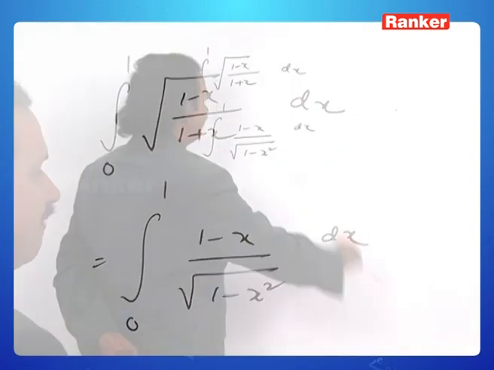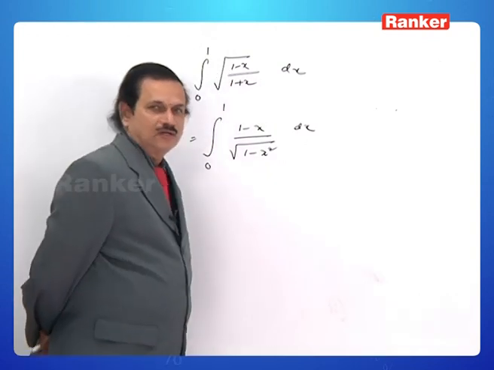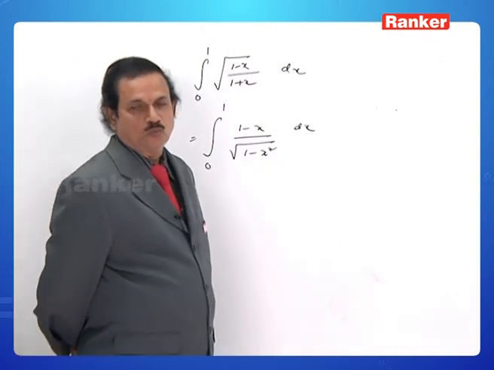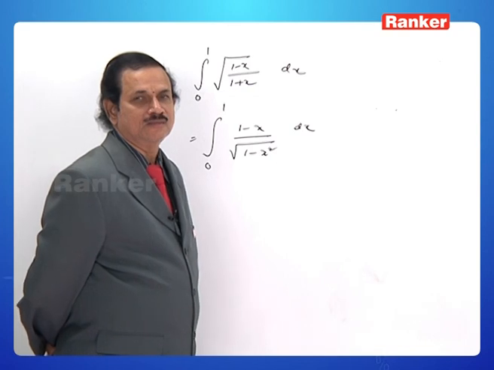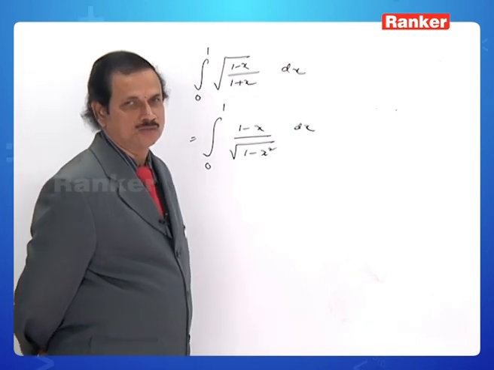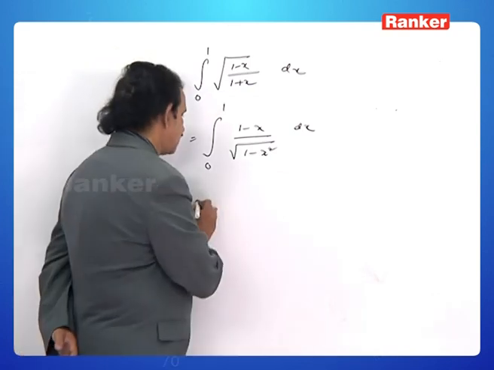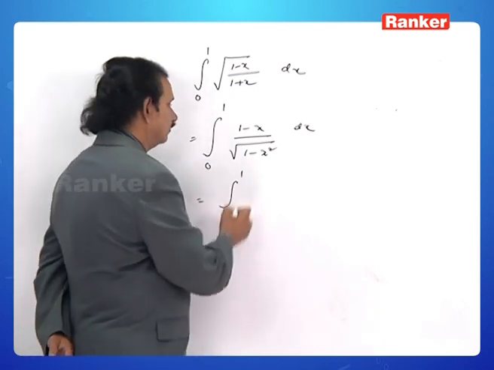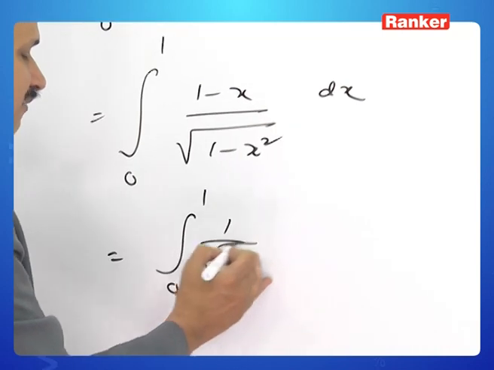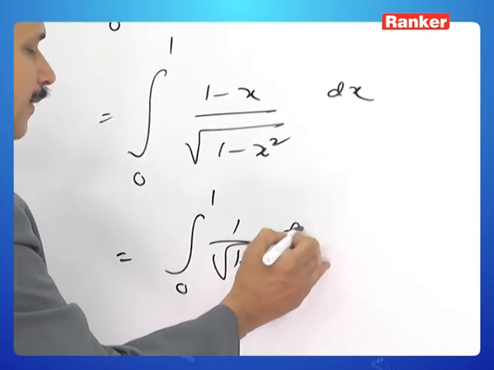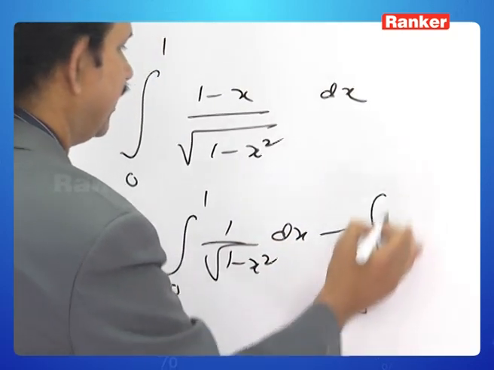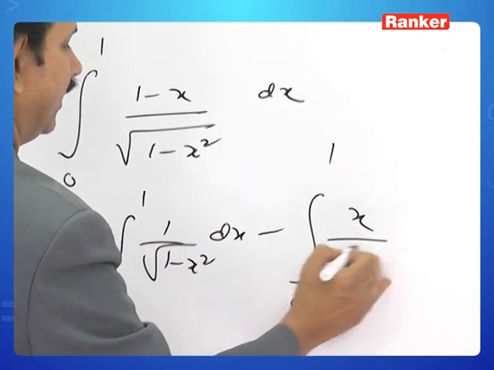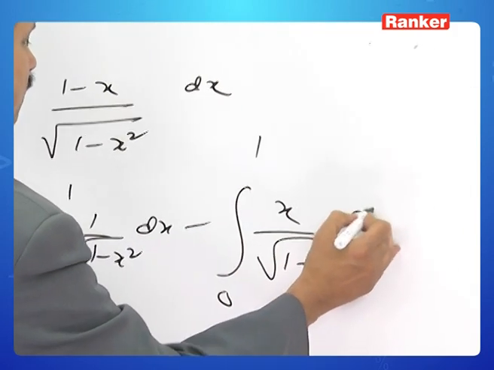I think you could have observed this. This is equal to integral 0 to 1 of 1 by root of 1 minus x square, minus integral 0 to 1 of x by root of 1 minus x square dx.